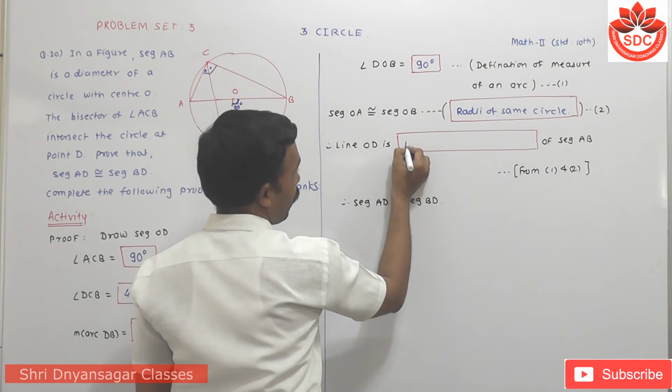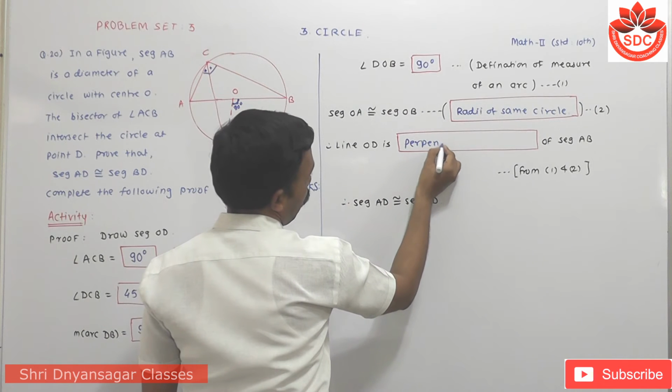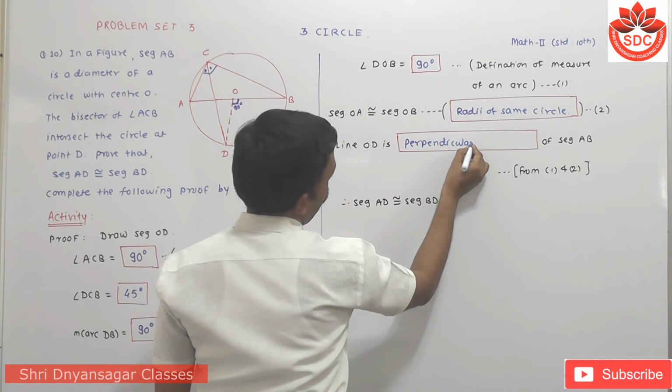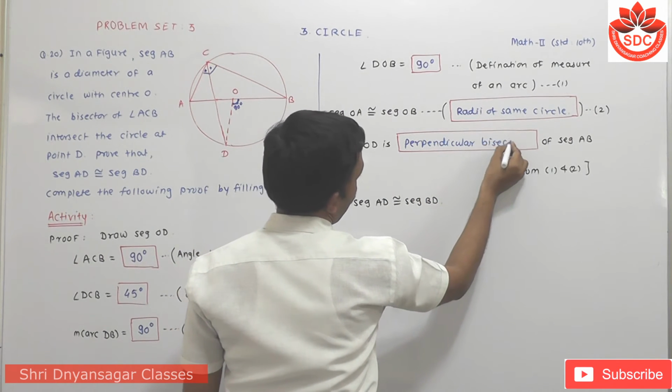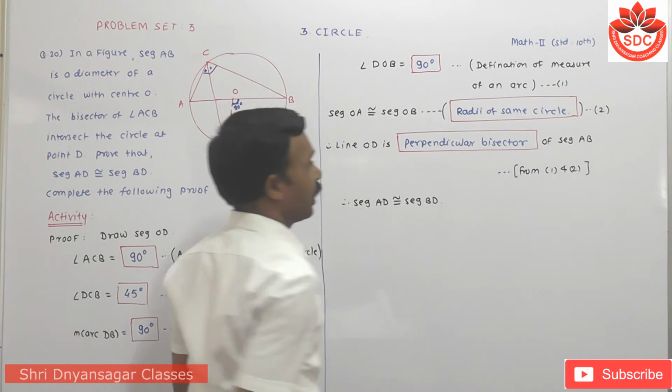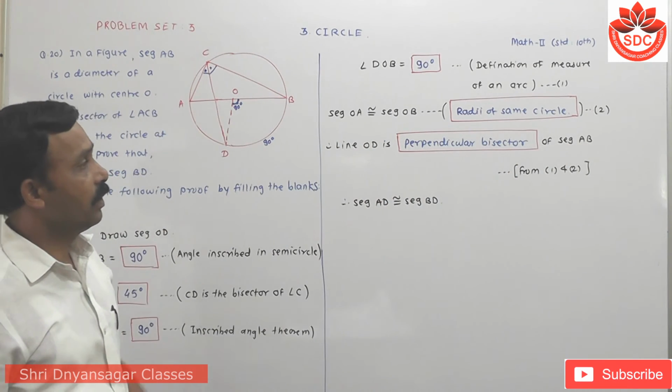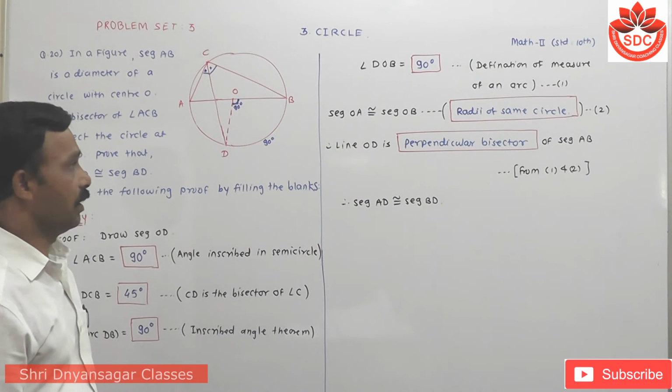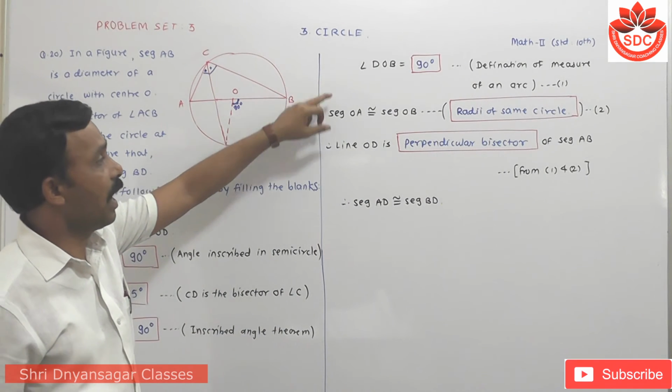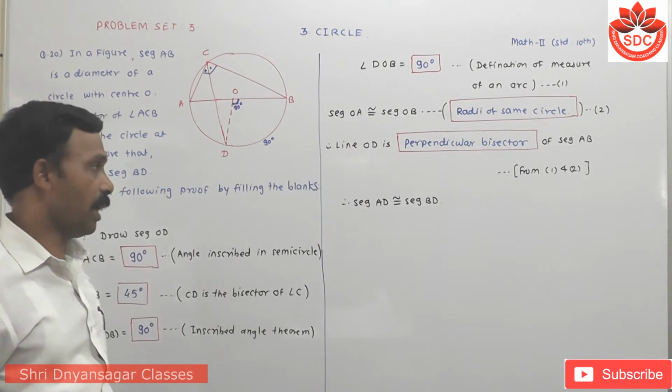So line OD is perpendicular bisector of segment AB from first and second. This is from first and second. This is a perpendicular bisector.